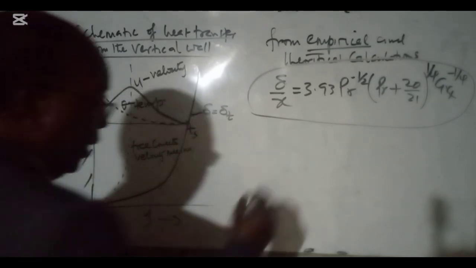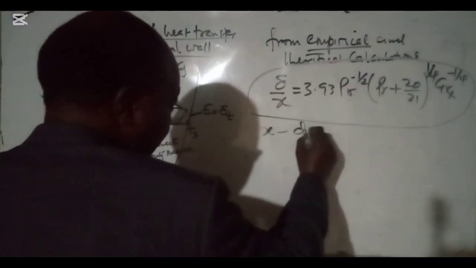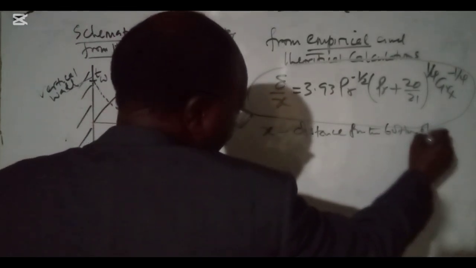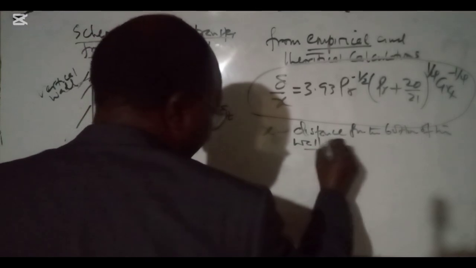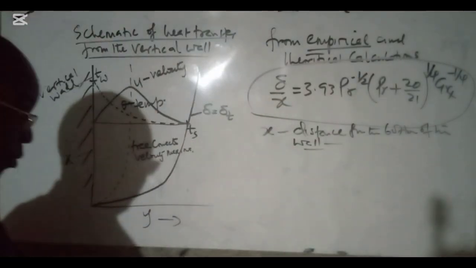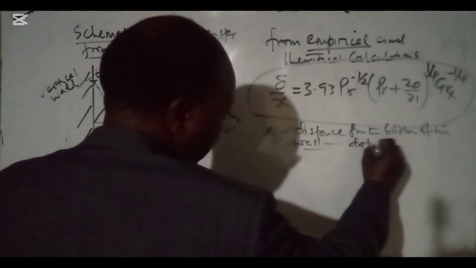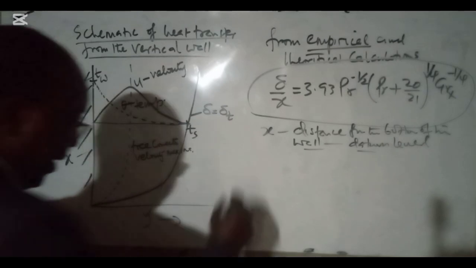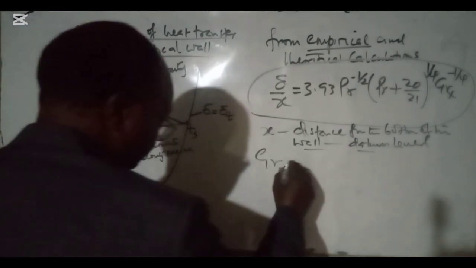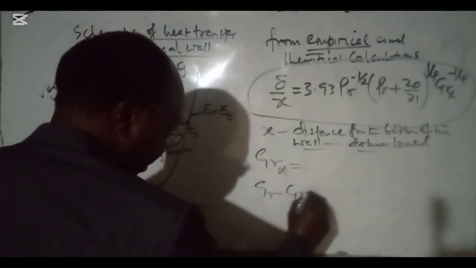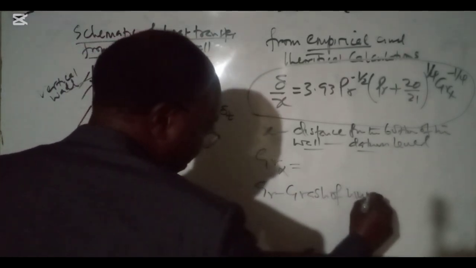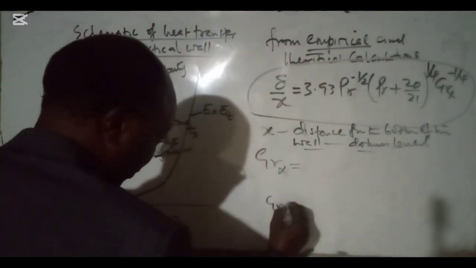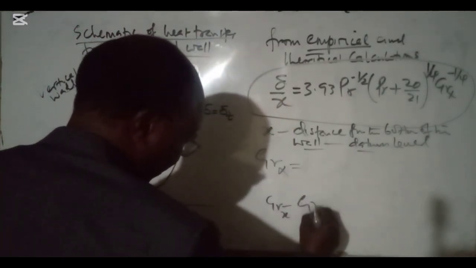So x is the distance from the bottom of the wall, so you can treat the bottom of the wall as a datum level or a reference level. And GR is the Grashof number.